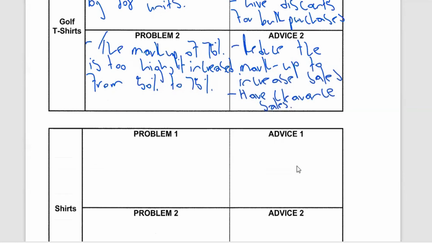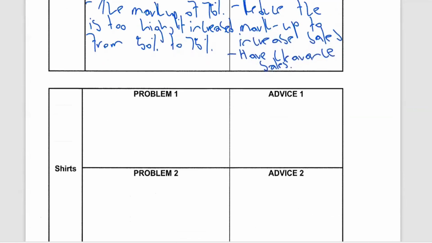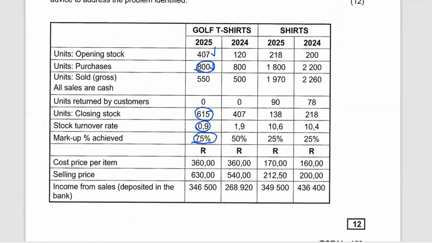Now we are done. Then number 2, now we have to check the problems when it comes to the shirts. So now, if you can check our shirts, look at the returns. First thing, the returns, it's 90. Also look at the sales, units sold. It decreased from 2,260 to 1,970.